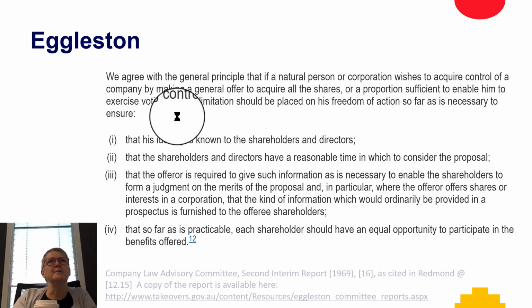So the committee agrees with the general principle that if a natural person or a corporation wishes to acquire control of a company by making a general offer to acquire all of the shares, or wishes to make an offer for a proportion of those shares that is sufficient to enable an exercise of voting control, that person or entity should have their freedom of action limited, in order to ensure the following 4 things.